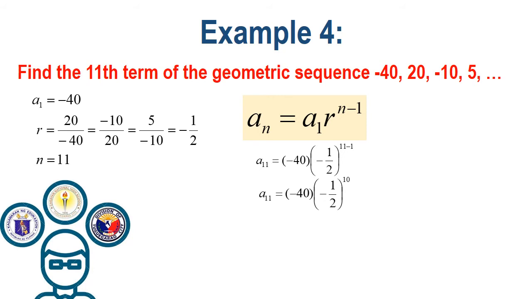Or we have -40 times -1/2 raised to the 10th power. And we know that -1/2 raised to the 10th power is the same as 1 all over 1024. And that has to be multiplied to -40, giving us therefore a sub 11 value which is equal to -5 all over 128. Hence, the 11th term is -5 all over 128.